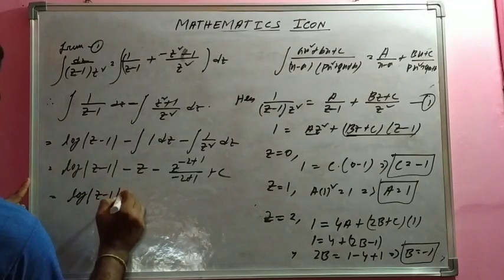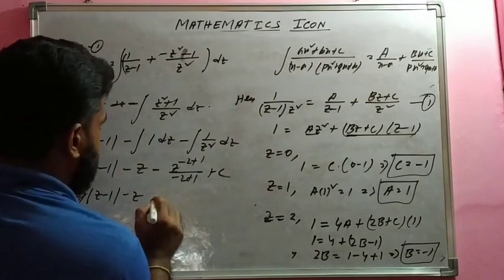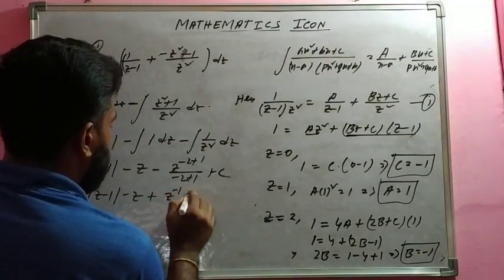Log z minus 1 minus z, this minus minus plus z to the power minus 1 plus c.